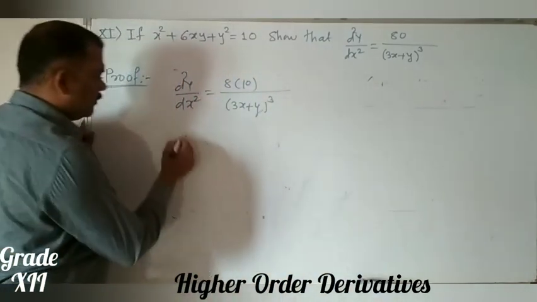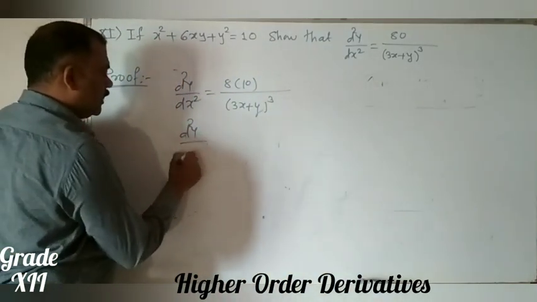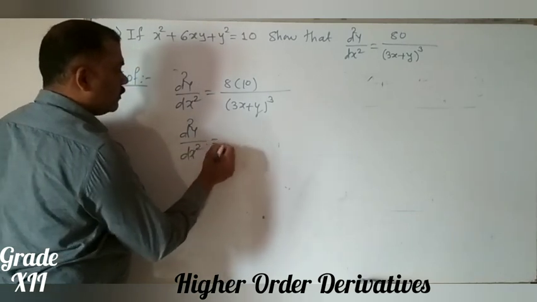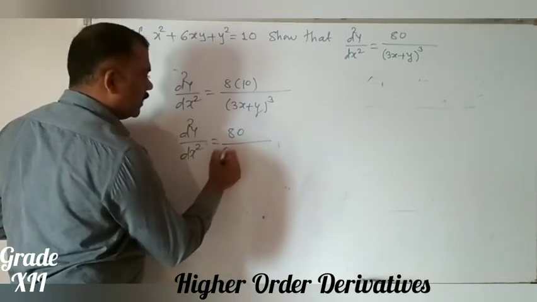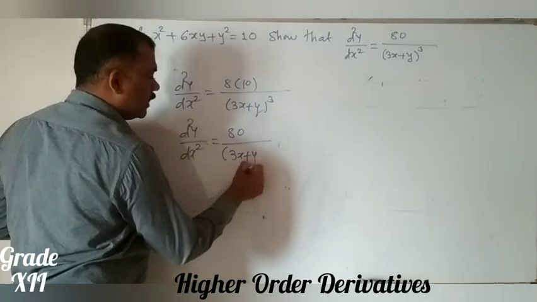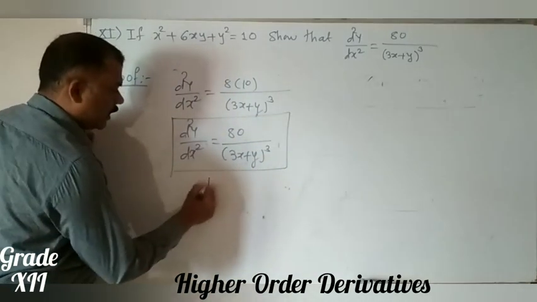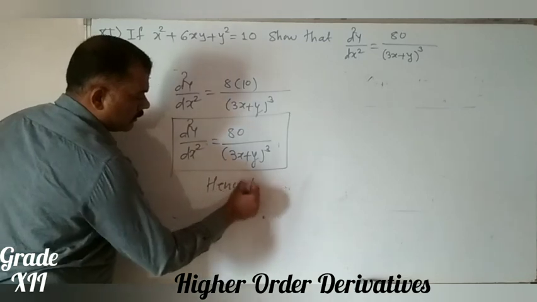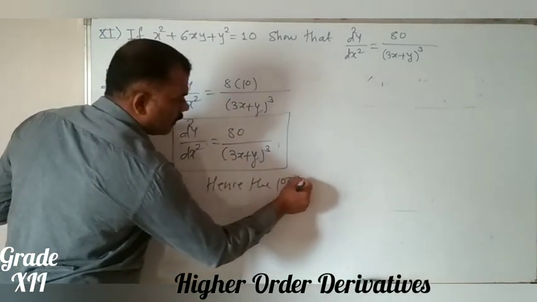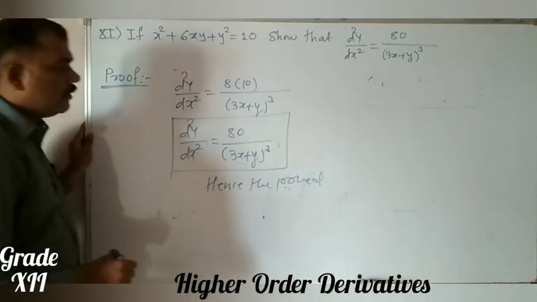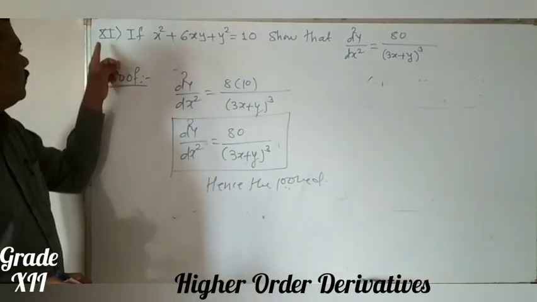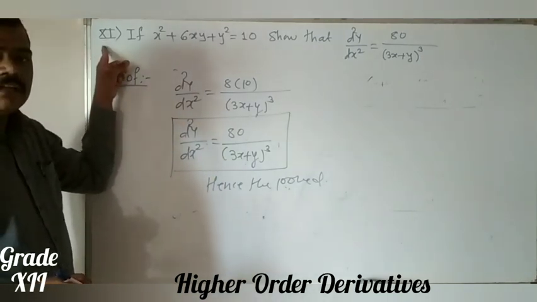So this is d2y by dx square is equal to 80 divided by (3x plus y) whole cube. Hence proved. After that, we have to discuss example number 12.